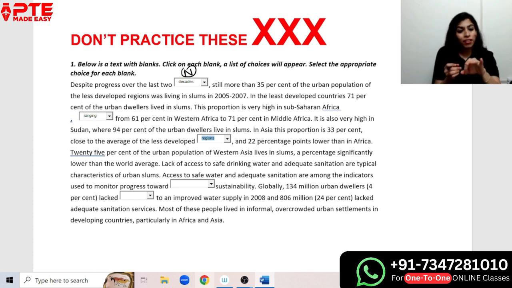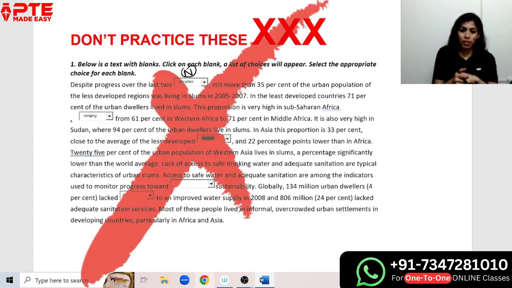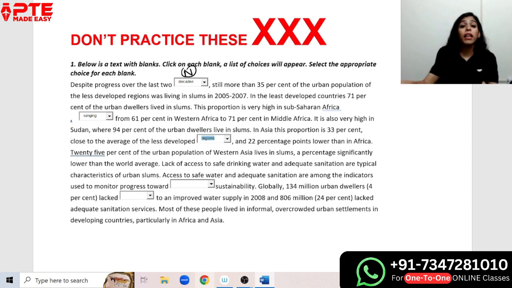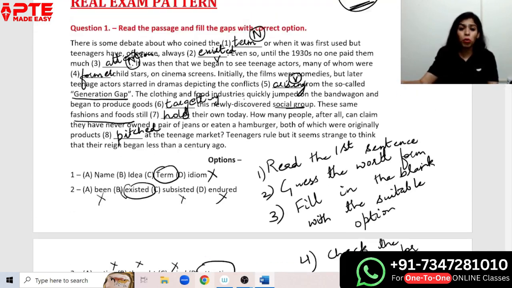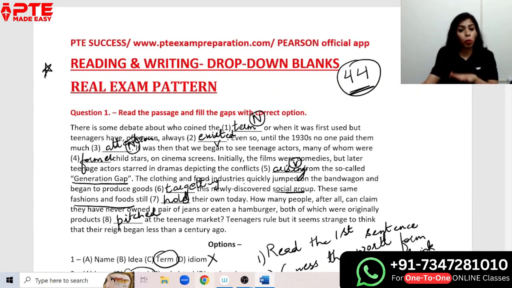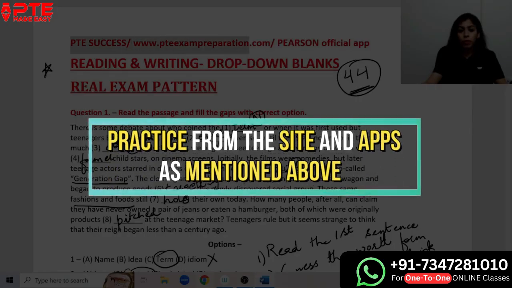Try to understand. These are not the genuine questions. These are not the questions which will help you in scoring 44 out of 44 in reading and writing drop down blanks. If you want to score full marks, practice questions like such or practice from these study material applications or websites.